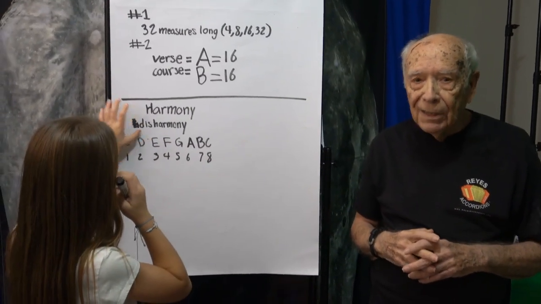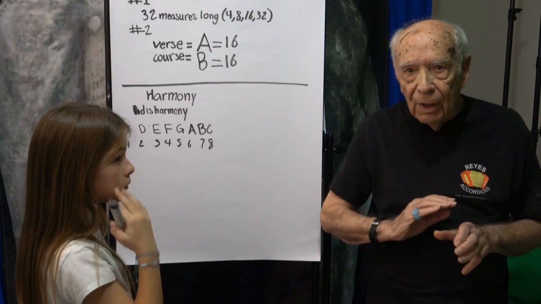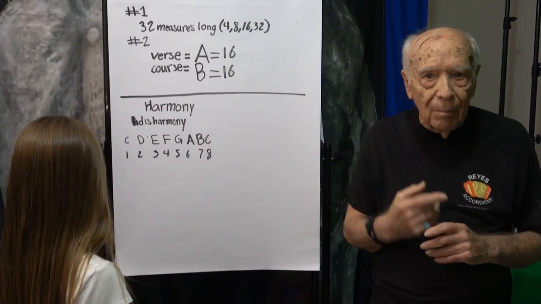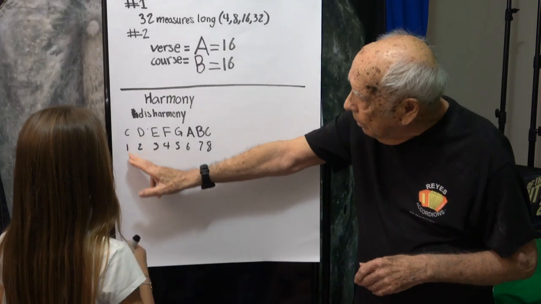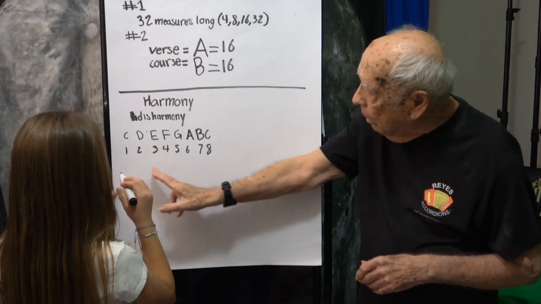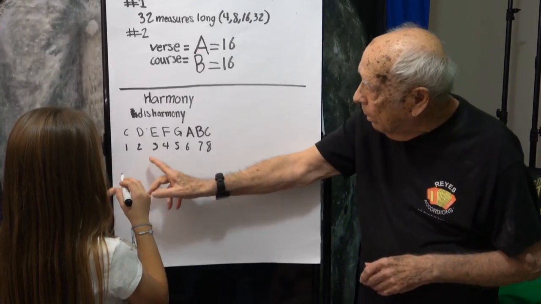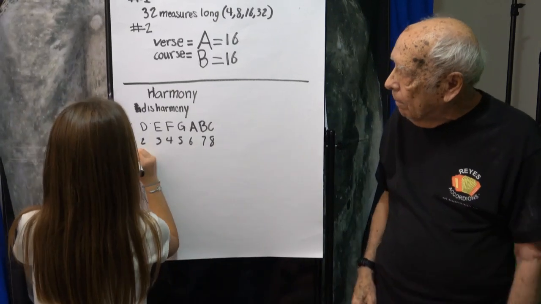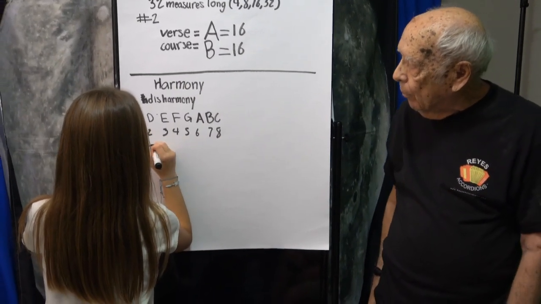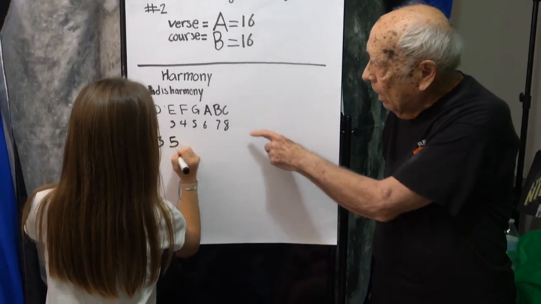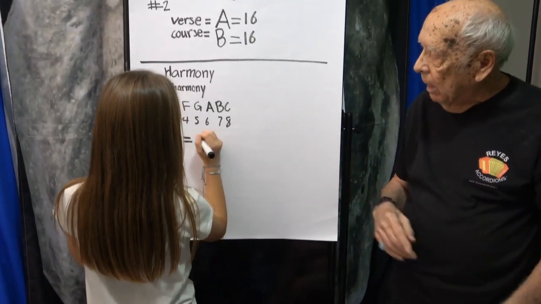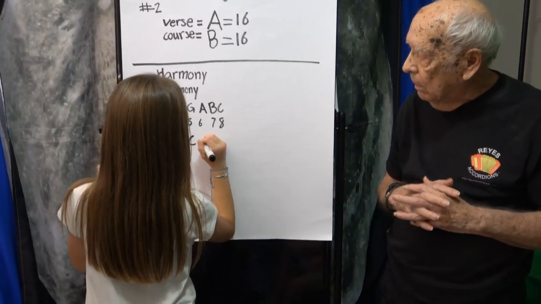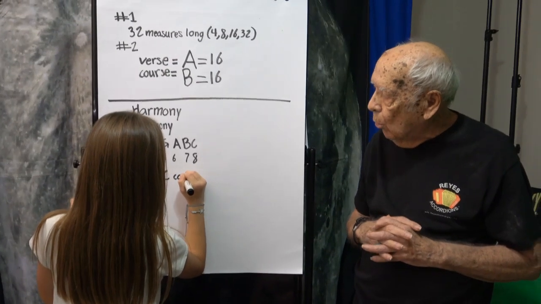Sometimes they call it a passing note, so you pass by very quick, so people can't pick it up. So put a circle around 1, 3, 5. Put 1, 3, 5 equals C chord, C-H-O-R-D.